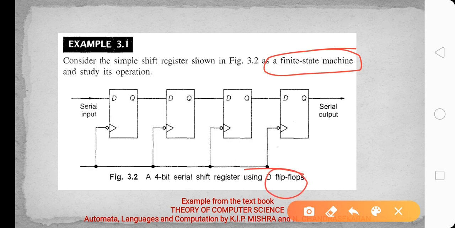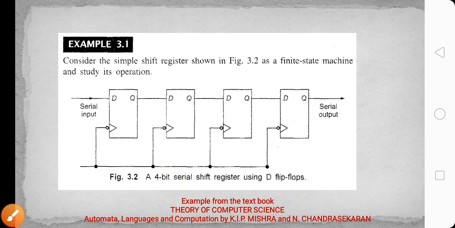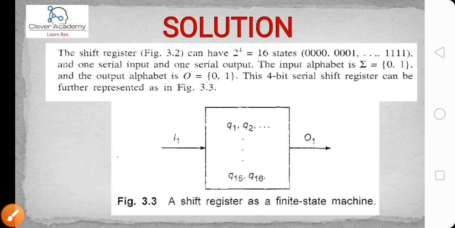We are using the D flip-flops. This is 1 2 3 4. So we are having the 4-bit serial shift register. For this serial shift register we need to draw the finite automata. You see the finite automata, how to draw it, what is the solution for this.